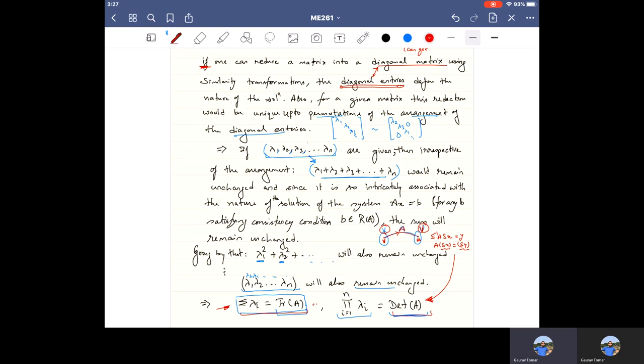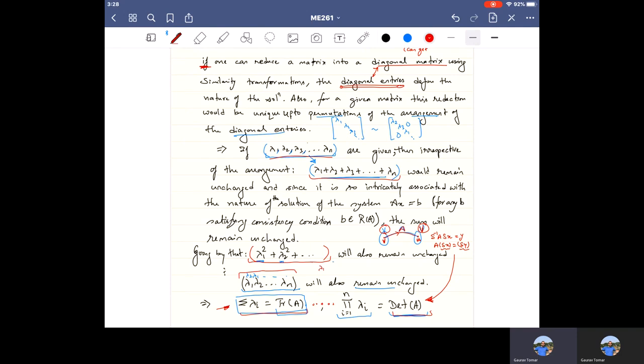There are a whole lot of other numbers which can be obtained. For example, lambda 1 square plus lambda 2 square is unchanged. Lambda 1 cube plus lambda 2 cube plus so on also remains unchanged, because when you're taking these n values and arranging them, the order of the arrangement does not matter. Summation order doesn't matter, summation of squares order doesn't matter, summation of cubes order doesn't matter, product of these things order doesn't matter.